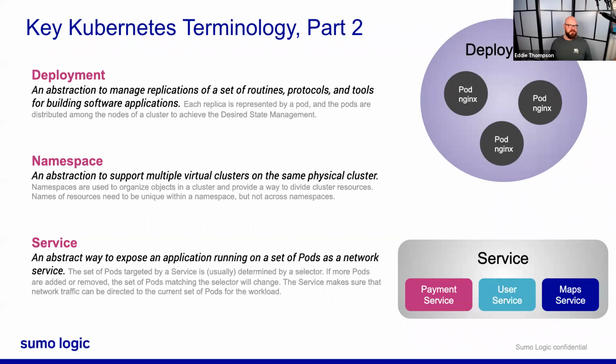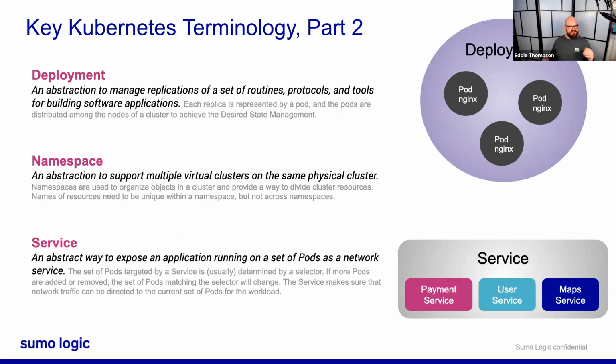Very, very useful, but it's also a common logical demarcation for people to use for different teams, different business units, so they can share the same set of resources, but have no concerns that they're going to be interfering with what's going on for the other users within the environment.